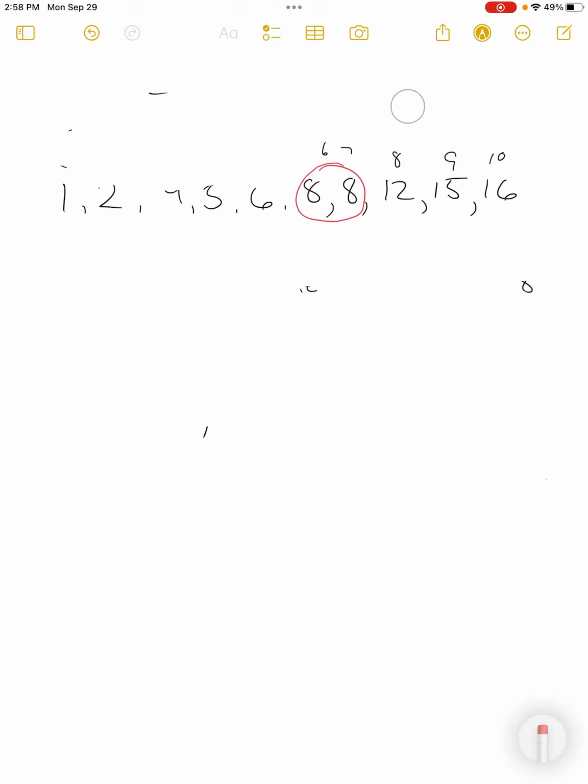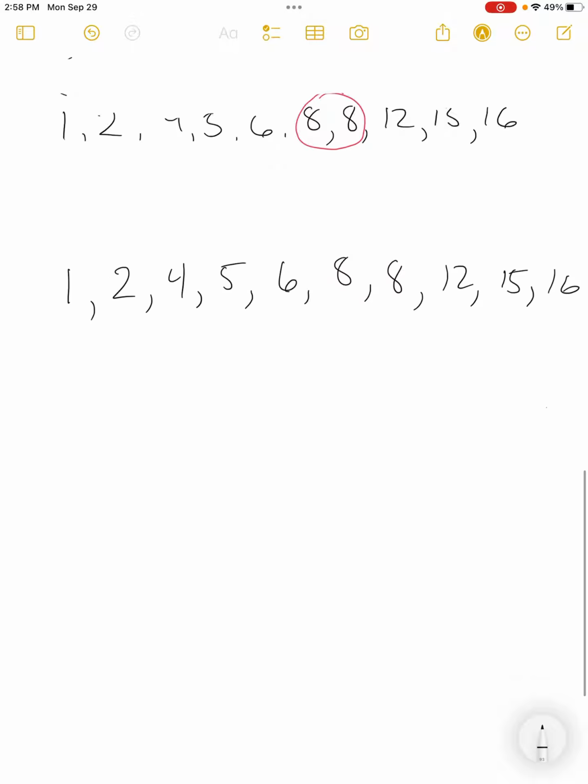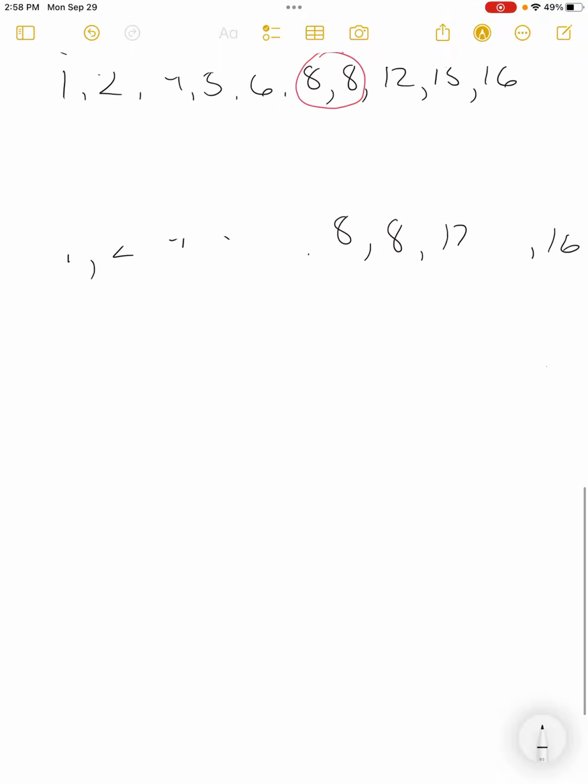Let me rewrite it. It's going to get a little bit wonky trying to erase like this. So let's remember our data set is 1, 2, 4, 5, 6, 8, 8, 12, 15, 16. So 1, 2, 3, 4, 5, 6, 7, 8, 9, 10 values.